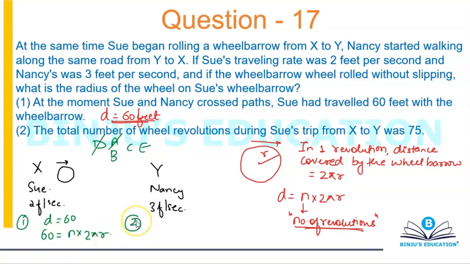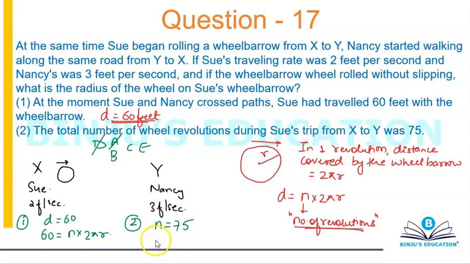Statement number 2 says the total number of wheel revolutions during Sue's trip from X to Y was 75. So n is equal to 75. Now, simply knowing n will not give me the value of r, because r also depends on the total distance covered, and I don't know that.